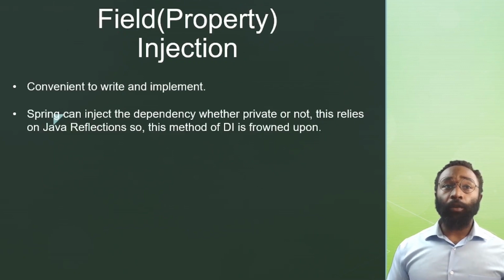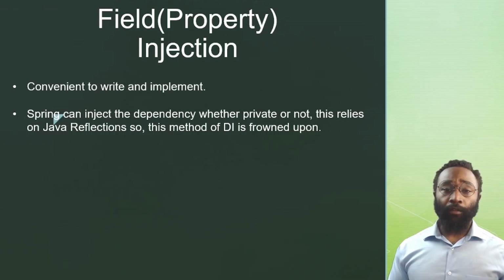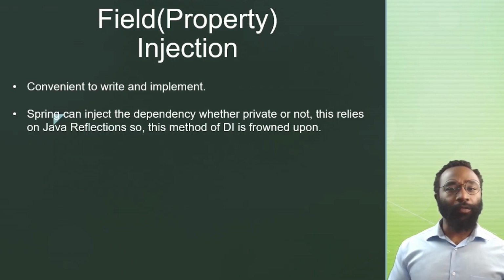Next, we're going to look at field injection. Now, this field injection, as we're going to see here, is very quick, very easy to write to make sure we get access to that object and that dependency for our class there. But the Spring documentation frowns on it somewhat, simply because of Java reflection making it more difficult on your program, right? So if you want to look more into that, you can.